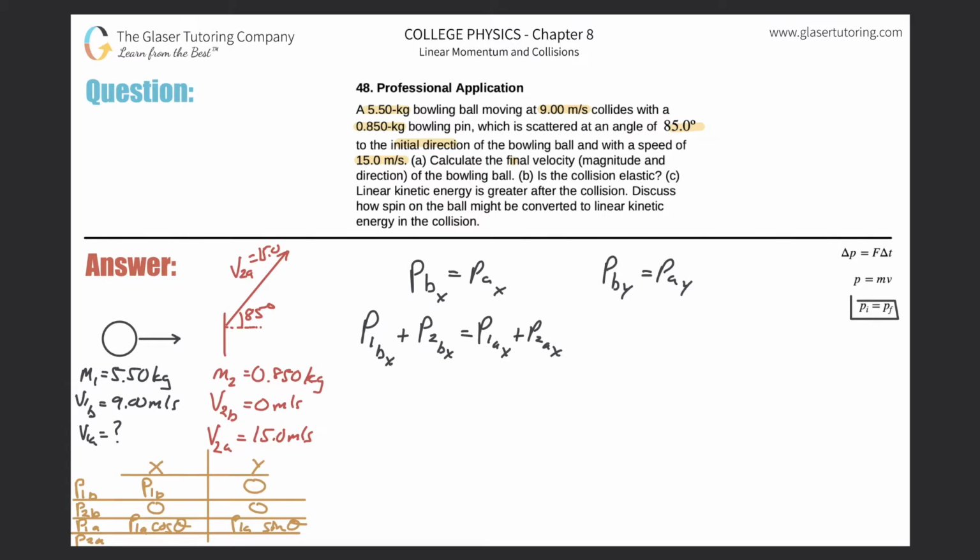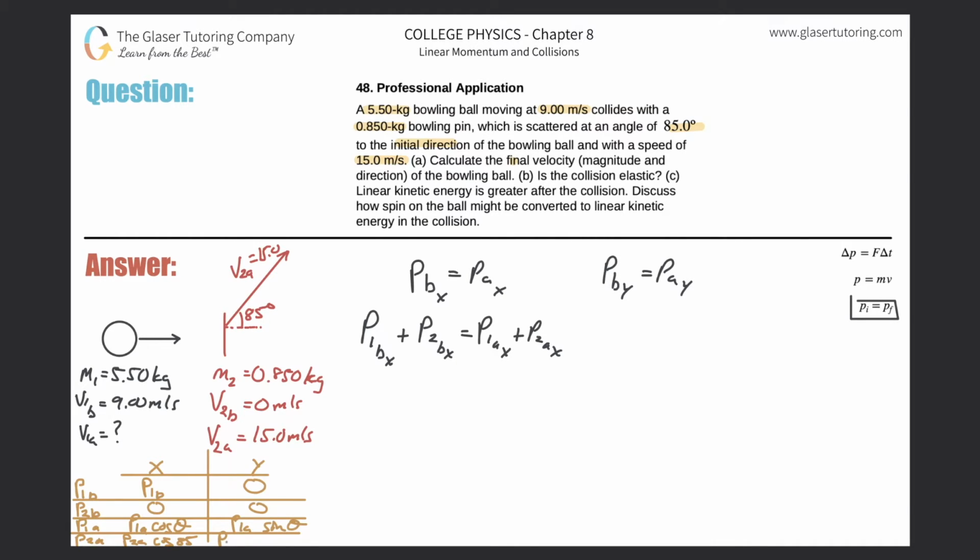Okay, so those I don't know. And now what about P2a? Do we know the x and y components? Yeah, we will be able to know these, because we know the angles and so on. And we do know the V2a overall, but we still have to break it up into its x and y components. So this would be P2a cosine of 85. I'm going to write 85 in already so we don't confuse it with all the thetas.